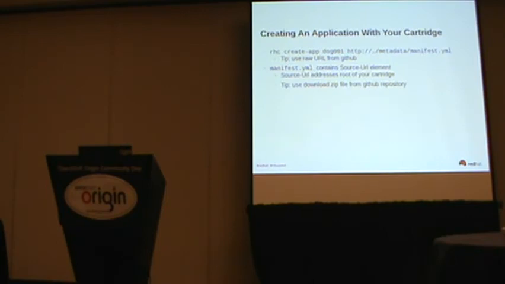I put down there as tips, if you have your cartridge as a GitHub repository on its own, you can use the raw pointer to your manifest directory and manifest meta directory manifest file, and then you can point to the zip URL, and we'll pull that down and install it for you.